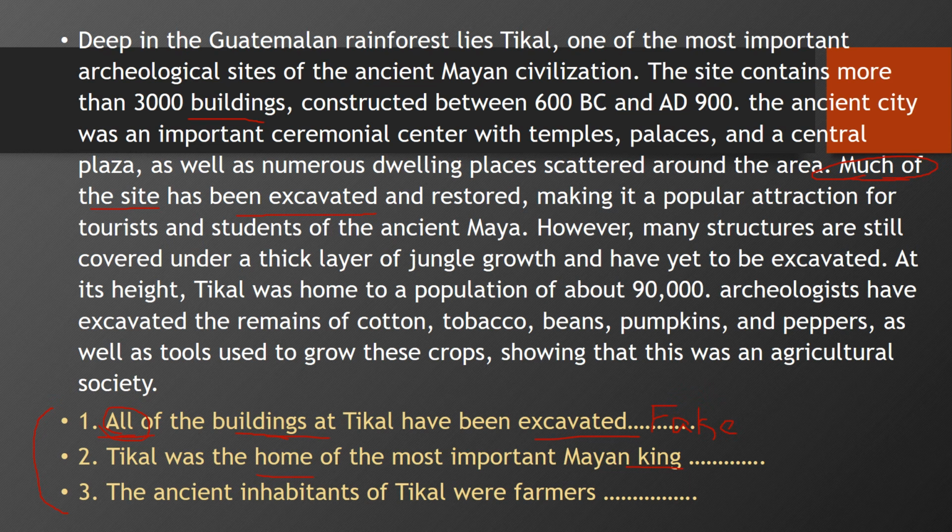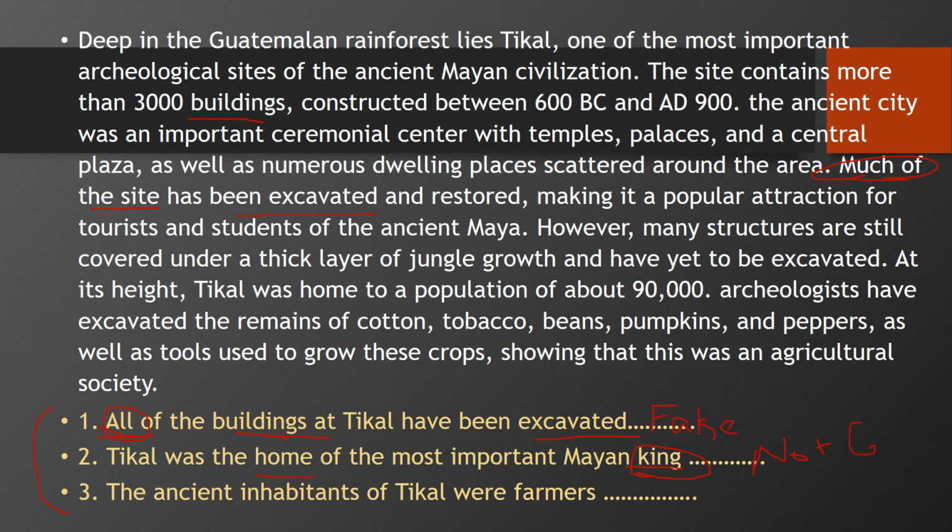Here we go. However, many structures are still where is the king? I don't see any king here. There is no word such as king, right? This word is not available. So basically this is not given, right?